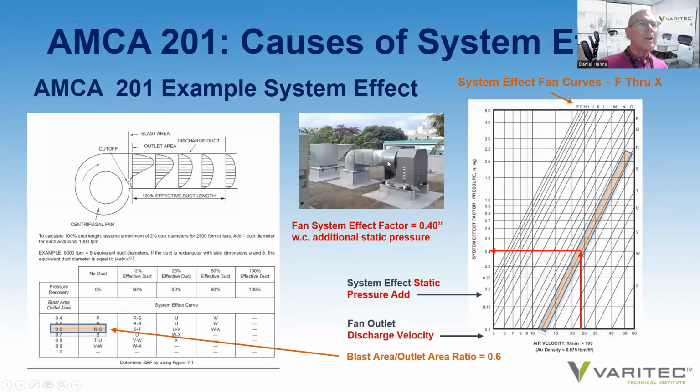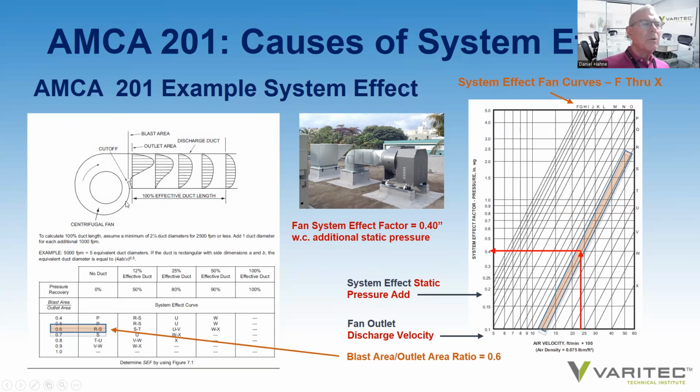And we will look at that factor in greater detail later in the presentation. So if we look at an AMCA 201 example, or an application of an AMCA 201 system, how do we apply it? Well, 201 has charts that actually show how system effect can be calculated. It'll actually generate the calculation.